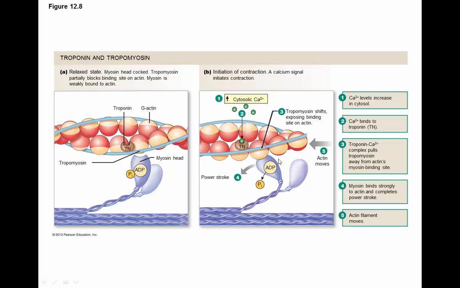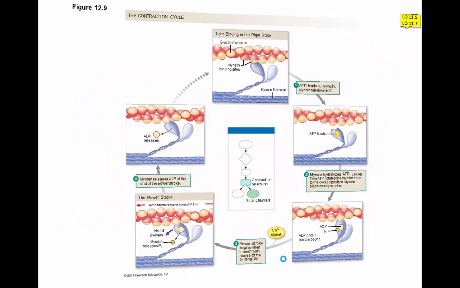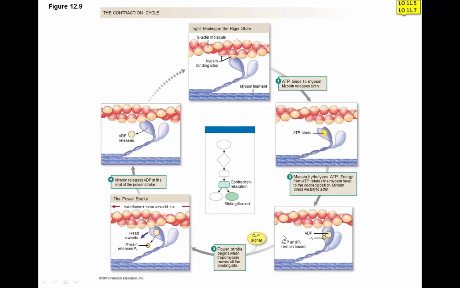And then myosin, which has previously bound an ATP molecule and hydrolyzed it to ADP and phosphate, can use the energy that it has trapped from that hydrolysis to power a conformational change that occurs as phosphate is released from the active site on myosin, causing the actin filament to move. This process can occur in a cyclical fashion as long as the calcium concentration is high.